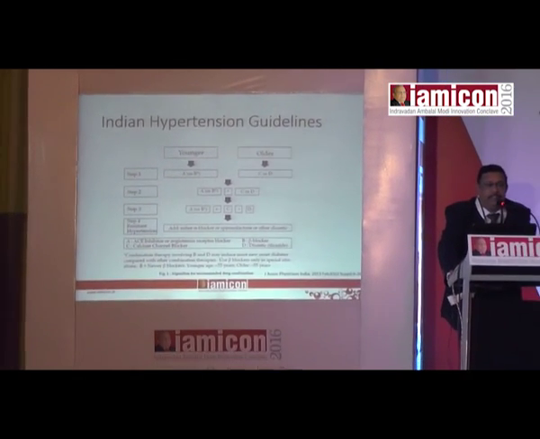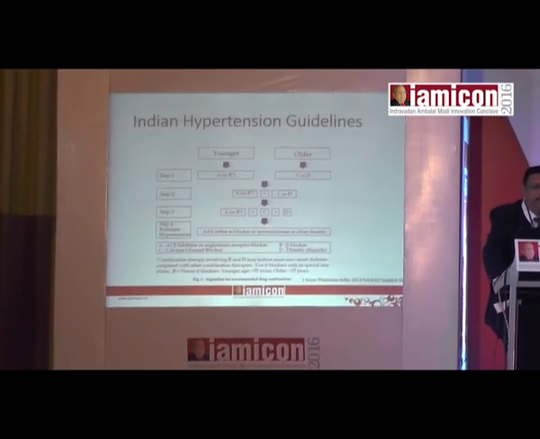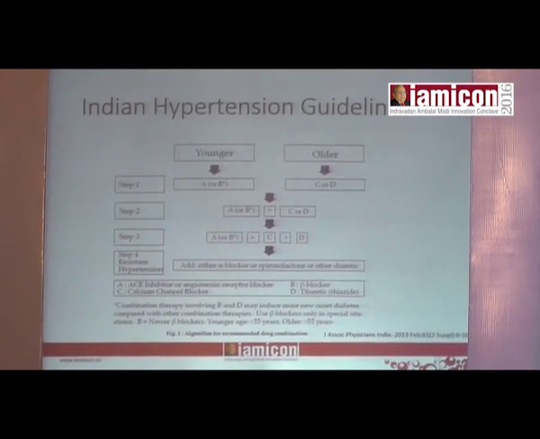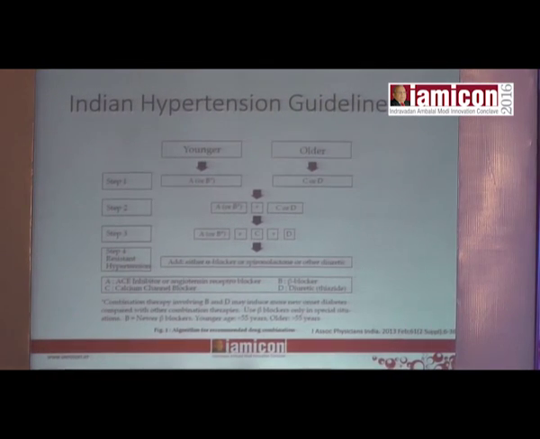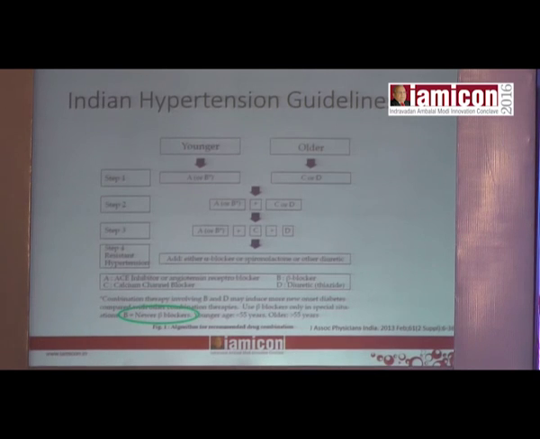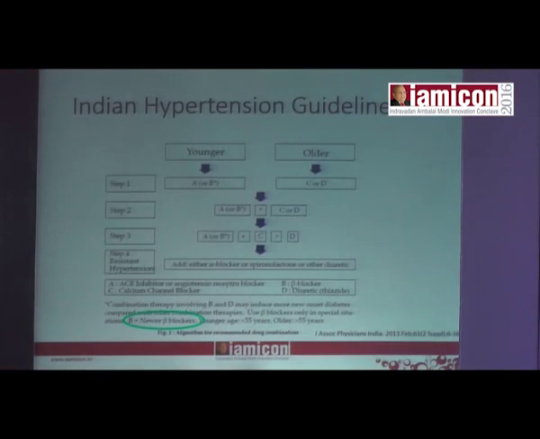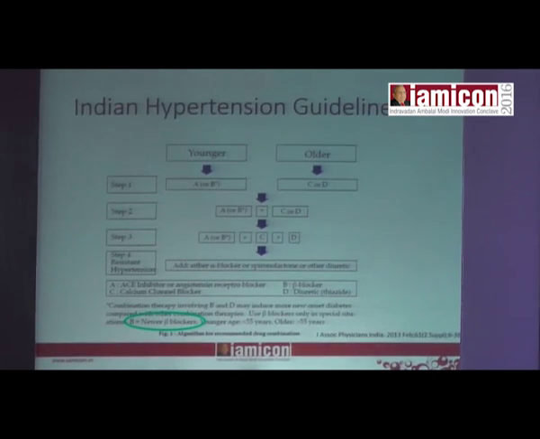In older patients, C or D. In step 3 hypertension, A plus C plus D, that is angiotensin receptor blocker, calcium blocker, diuretic. In resistant hypertension or step 4 hypertension, along with these drugs, you can use either alpha blocker or spironolactone.